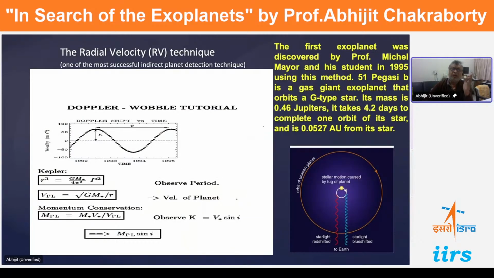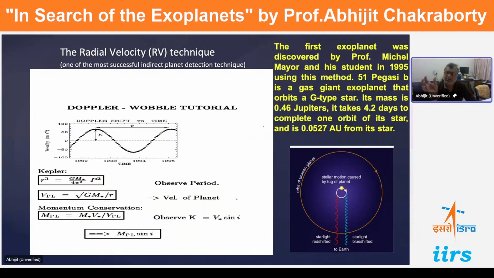Now I will come to the radial velocity technique. This technique is basically about Doppler wobbling. We all know that the planet goes around the star, but actually the planet is going around the common center of mass in the star-planet system, and the star is also going around the same common center of mass.